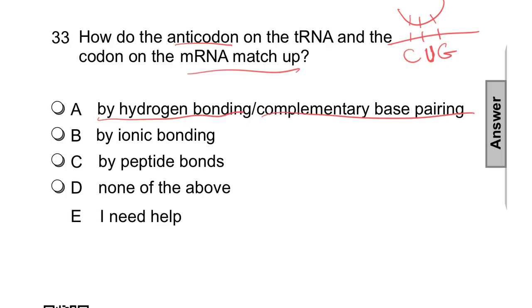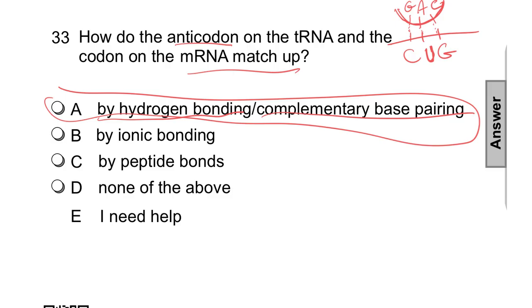If that was the codon, this anticodon would be GAC. These would be hydrogen bonds between them. It can't be a strong bond. You don't want it to stay there. It has to pop off after it does its job.